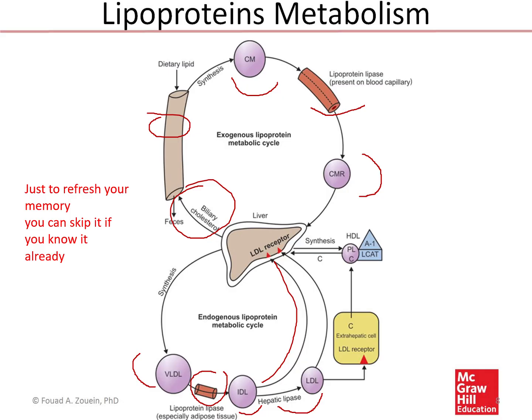So the cell will say, okay, if I have a lot of cholesterol here, I don't need it, I'm going to release it. Then it's released as free cholesterol into the circulation. It's taken up by HDL, the good cholesterol. That's why we call it good cholesterol, because it takes the excess cholesterol from the tissues and esterifies it, puts it in its core, and takes it back to the liver to be either metabolized or released into the biliary circulation.